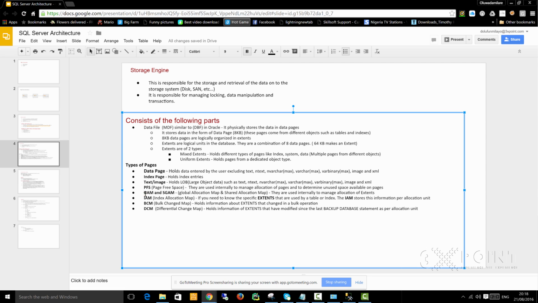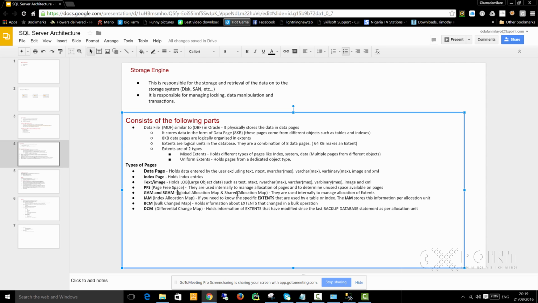All right, so GAM and SGAM are just like the PFS, but in this case we are talking about the extent. They are used to internally manage allocation of an extent. The full meaning is global allocation map, and this other one is called the shared global allocation map.